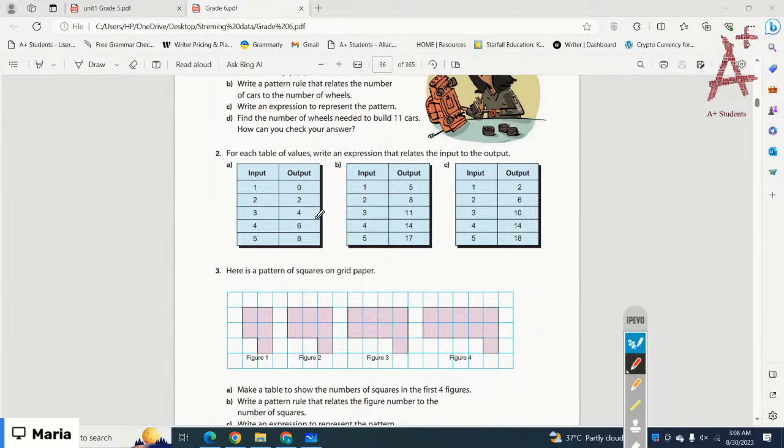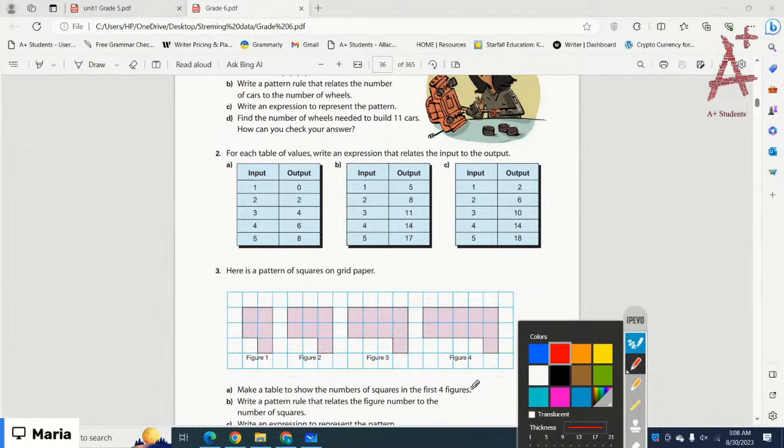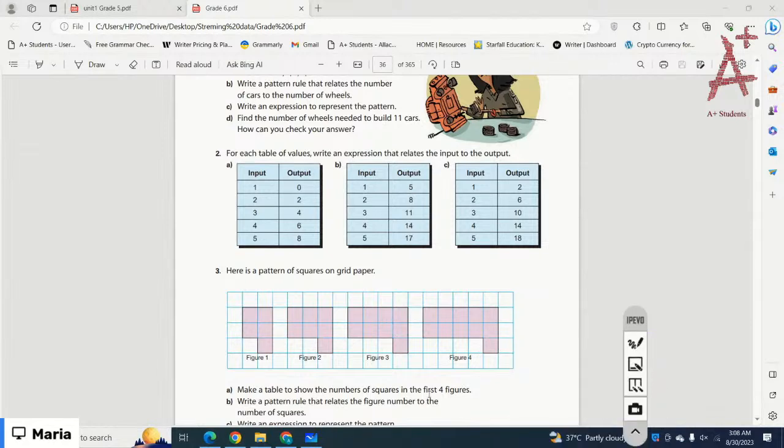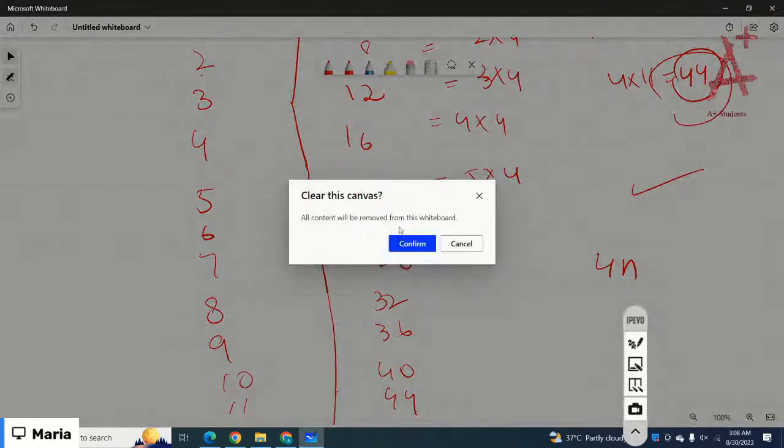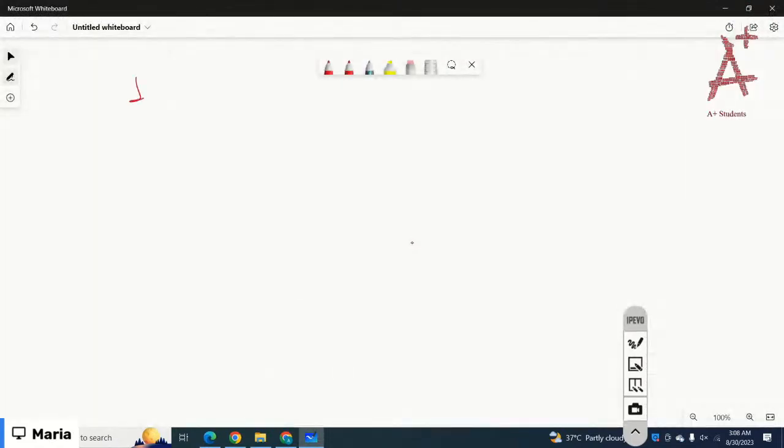Input is 2, output is 2. Input is 3, output is 4. Let's make this table on the board: input is 1, 2, 3, 4, 5, and output is 0, 2, 4, 6, 8.